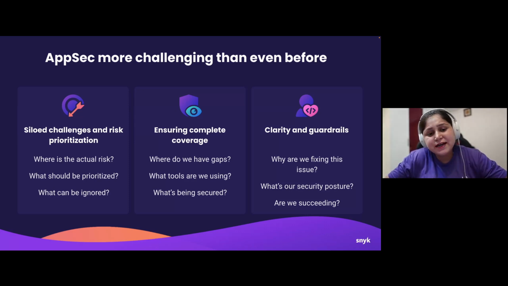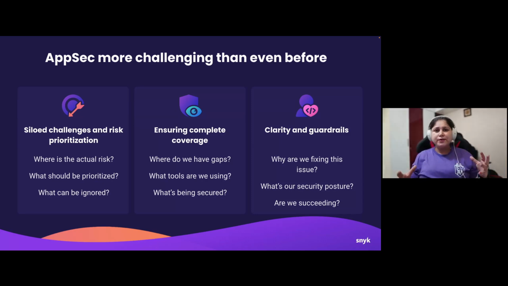The difficult task is identifying the genuine risks among numerous vulnerabilities, and this fragmented approach makes it tough to prioritize effectively, especially for security teams, with questions like: where is the actual risk, what should we prioritize, or what can we safely overlook, which is also about risk acceptance.